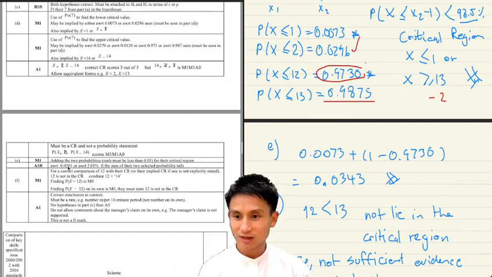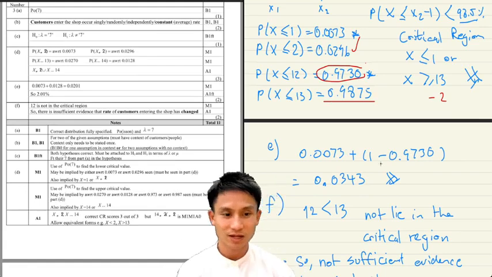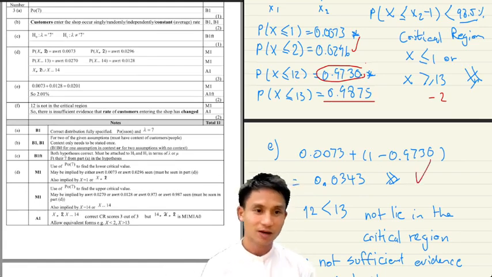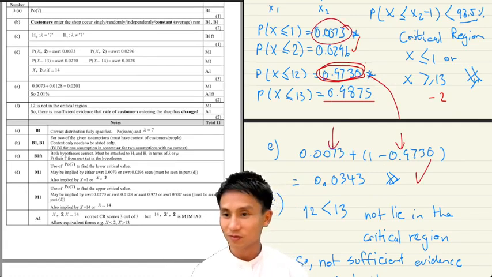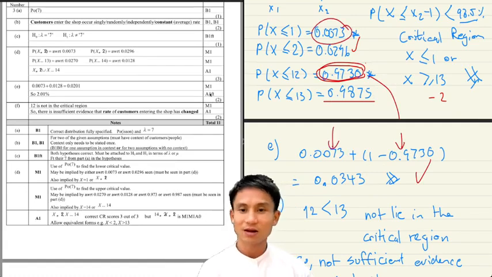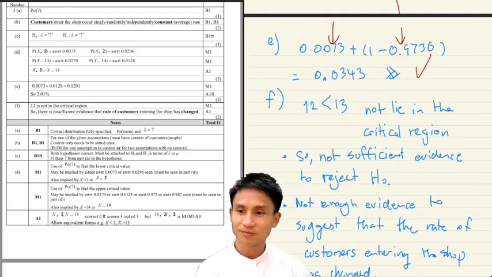FT, award that or that, the sum of their 2 selected probability tails. I'm just going to assume that I get the mark here because I took this and then I put it here and then I added it with this. Okay, so that's a follow through mark. Sometimes not allowed, sometimes allowed. So you've got to check the mark scheme. I mean, if you can.